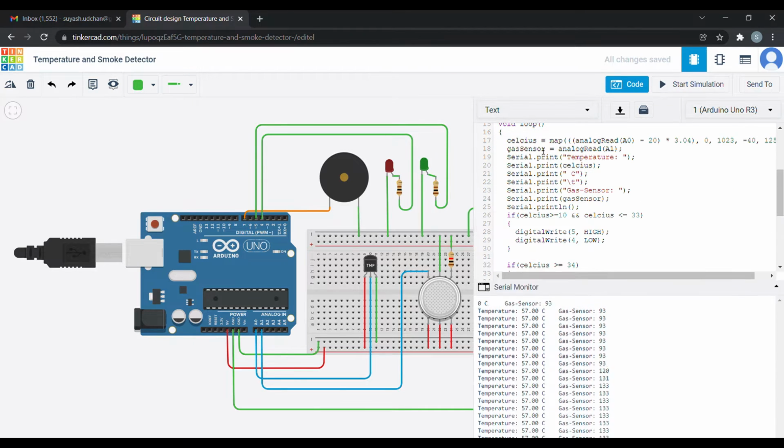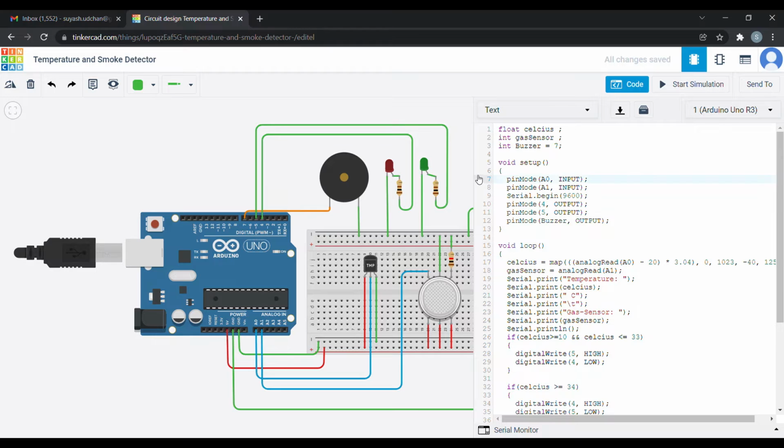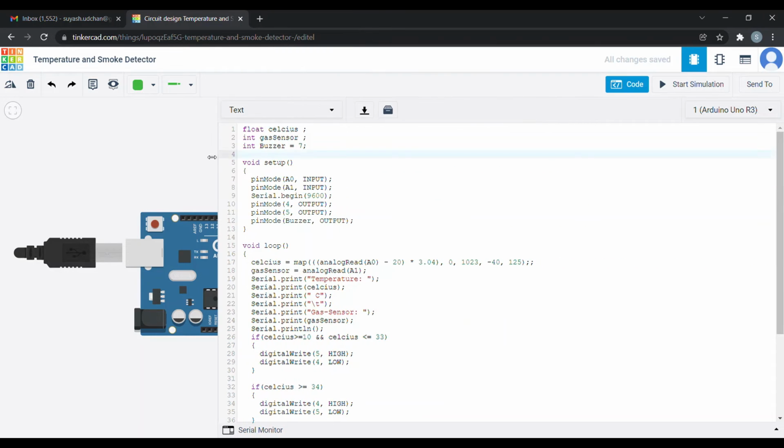So here is the code. First we have initialized three variables, that is Celsius, gas sensor and buzzer. The buzzer we have connected to pin number 7, so we have written int buzzer is equal to 7.